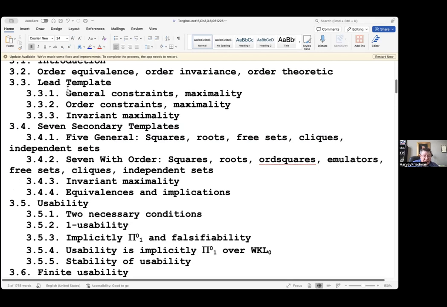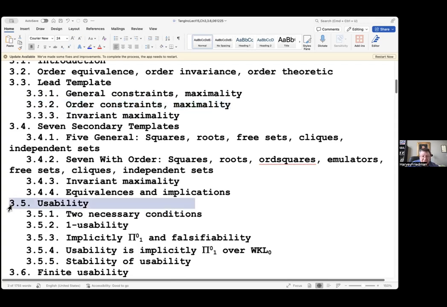Basically, the master one is the lead template using order constraints. And then these other ones are variants that are aimed at particular subject matters of mathematics. These all follow from the general one with any order constraint.